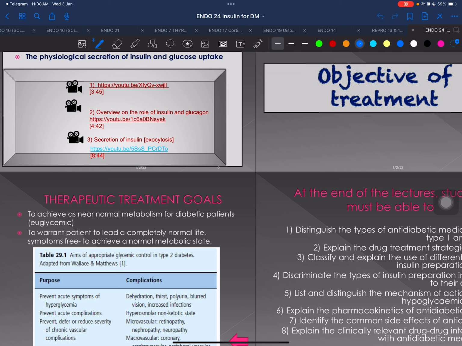Ni slide nombor berapa ni? Okay. Ni slide nombor 2, nombor 3. Why is it not moving? Help. Sini.